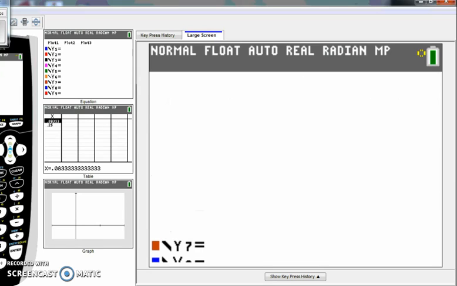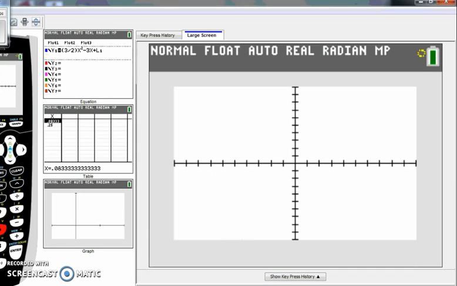Now hit zoom 6. Mine's thinking. So there's the first function, there's the second. Mine is being super slow.